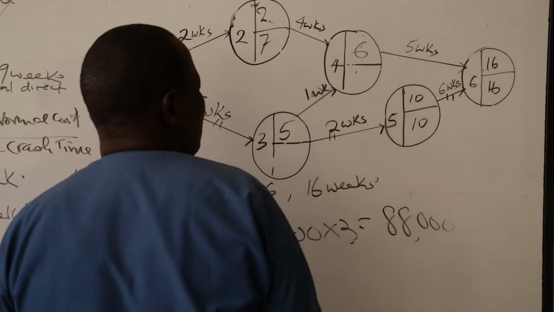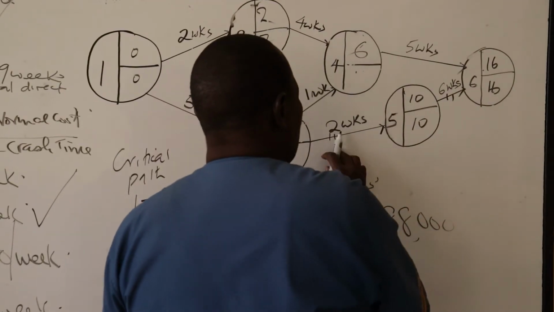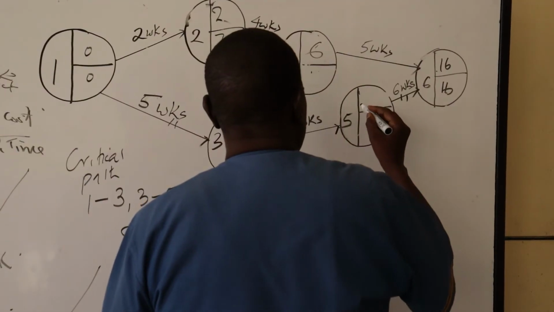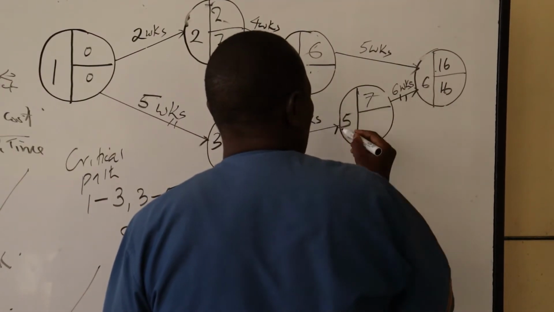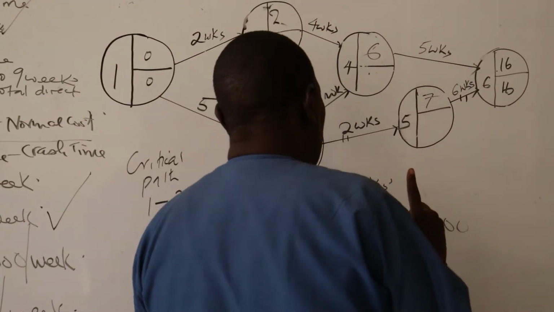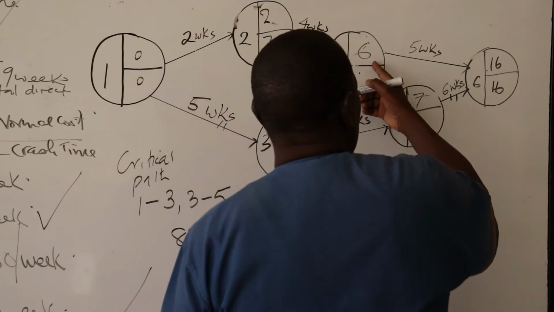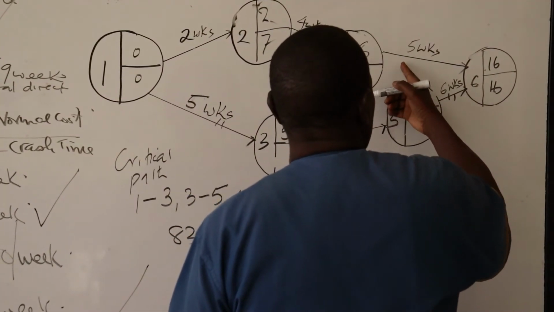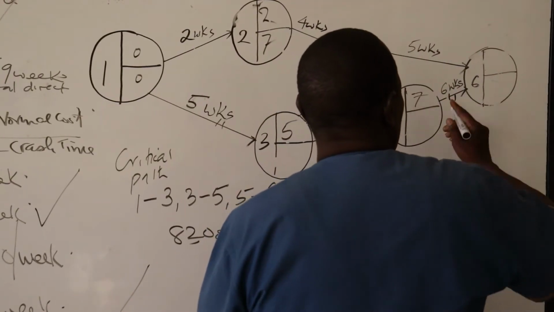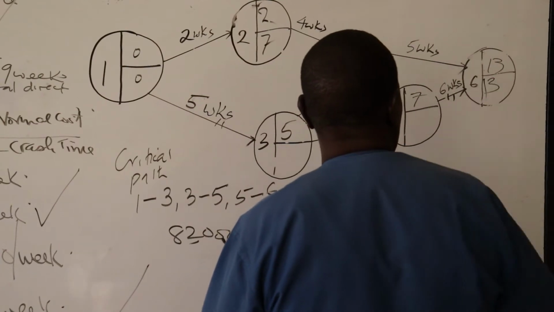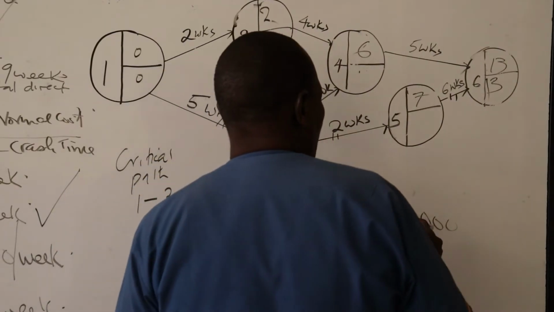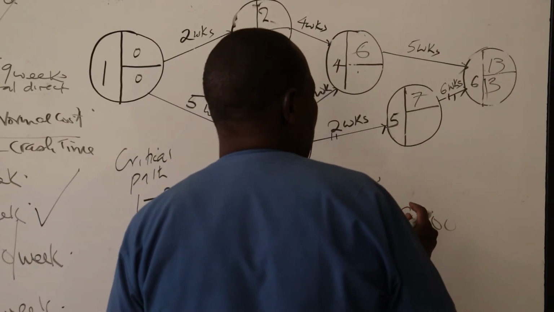Then 5 plus 2 is 7. 6 plus 5 is 11. 7 plus 6 is 13. So the project has been crashed to 13 weeks at a total cost of Kenya shillings 88,000.